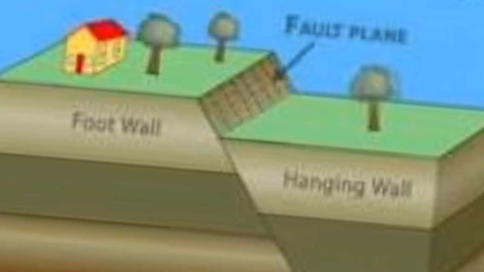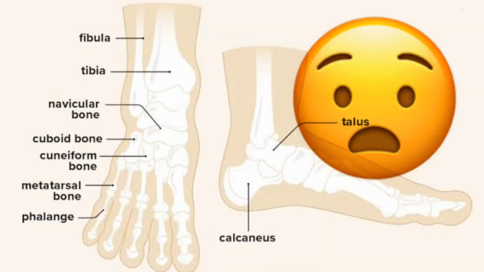There are two other parts of a fault, the hanging wall and the footwall. A footwall has the angle of a foot.